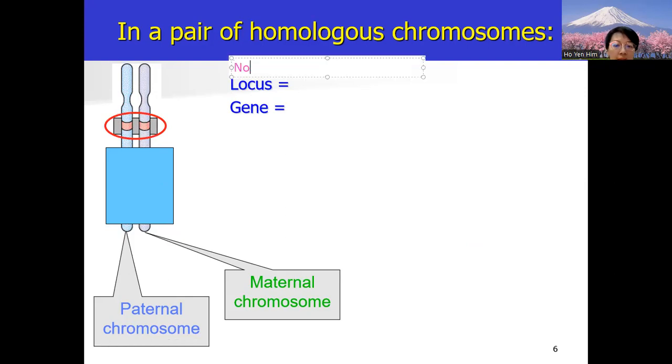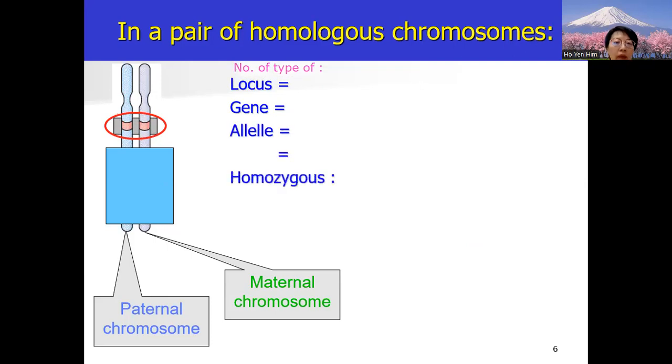So we're going to look at the number of types of locus, gene, allele, homozygous, heterozygous. So how many types of locus do we have in this pair of homologous chromosomes? Are they the same locus or not?